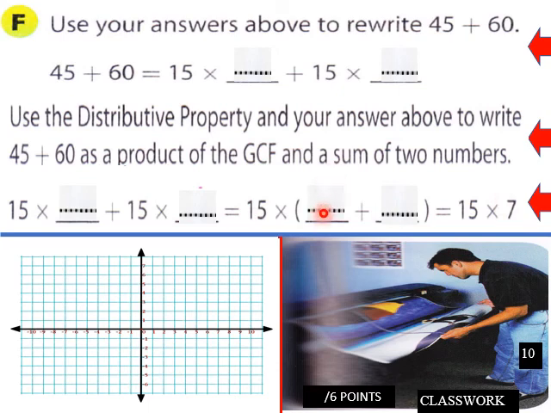So what plus what equals 7 is the question. So we have 3 and then we have 4. If we plug in 3 and 4 here, won't we get 7? So 15 times 3 plus 15 times 4 equals 15 times (3 plus 4) equals 15 times 7.